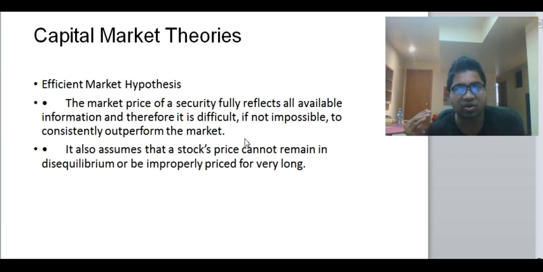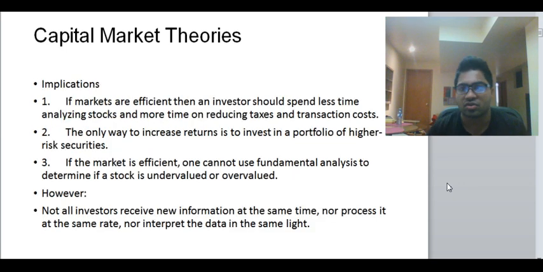So you cannot time the market. That is what this theory says. It also assumes that the stock price cannot remain in disequilibrium or be improperly priced for a very long time. So it will tend to move towards equilibrium.